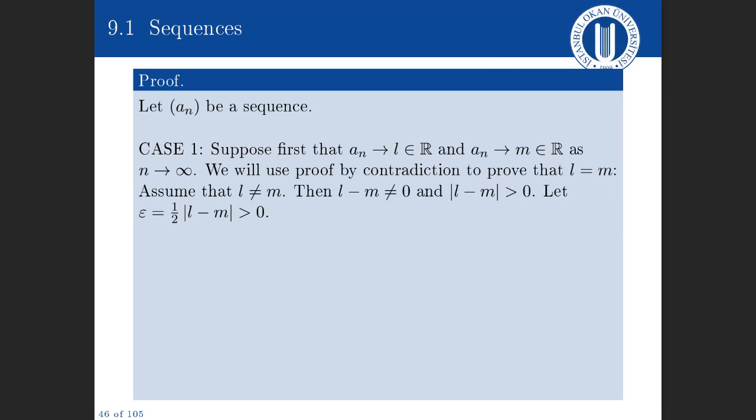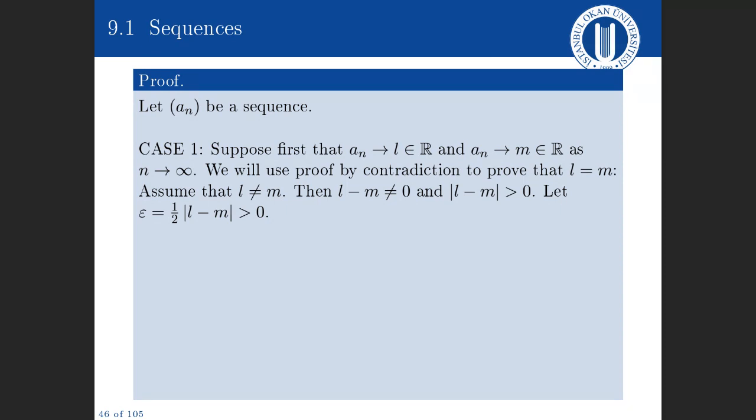Let's suppose we have a sequence, and let's do different cases. First, let's suppose that this sequence tends to a real number L, and it also converges to a real number M. We want to prove it has only one limit. In other words, we want to prove that L is equal to M.